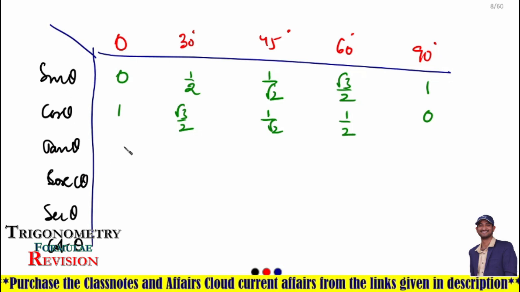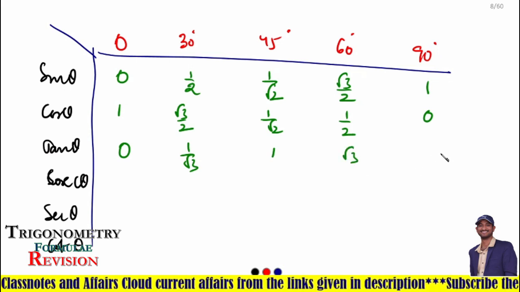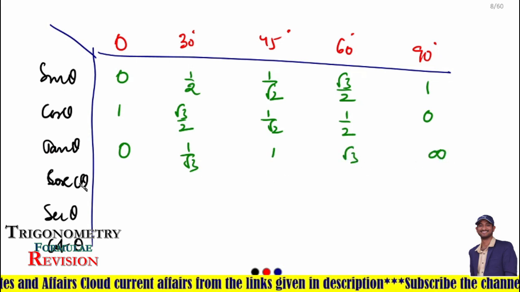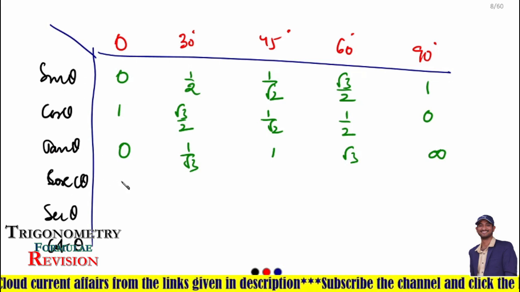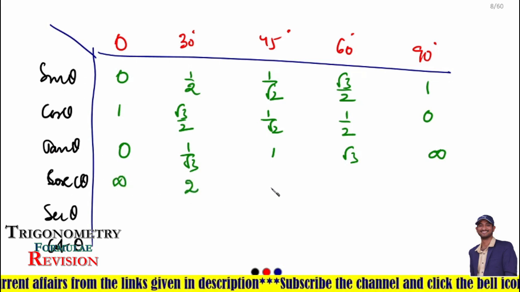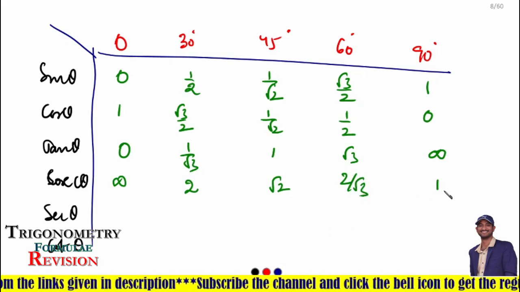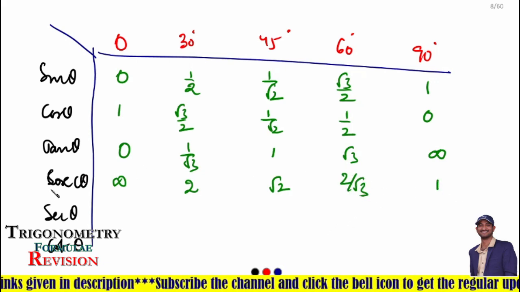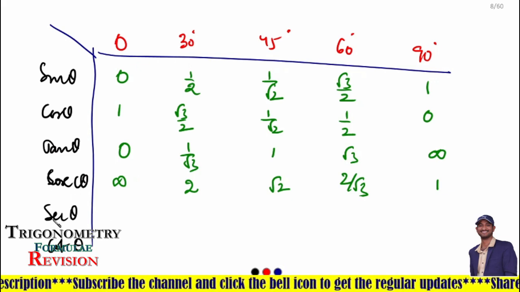Tan means sine by cos: 0, 1 by root 3, 1, root 3 and infinity. Cosecant means 1 by sine: 1 by 0 is infinity, then 2, root 2, 2 by root 3 and 1. The reverse of cosecant is secant, because cosecant and secant are complementary trigonometric ratios.